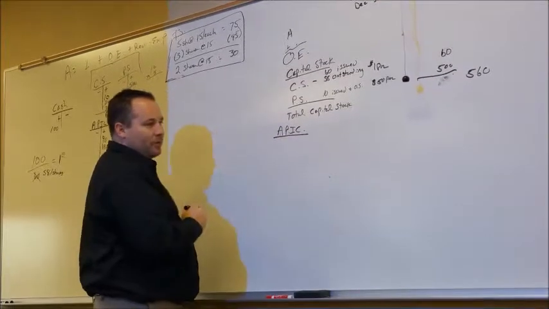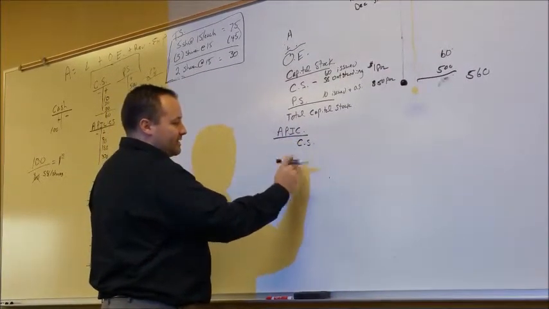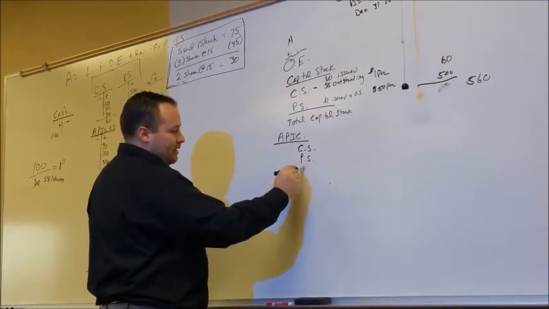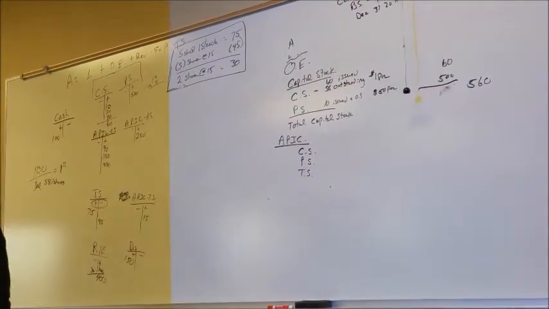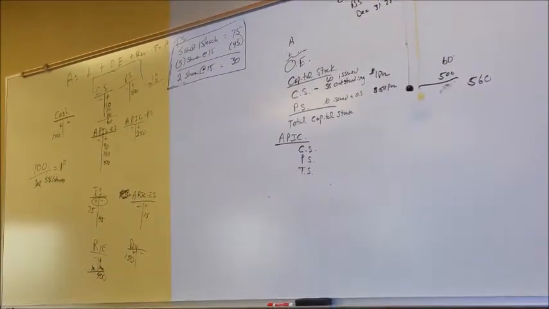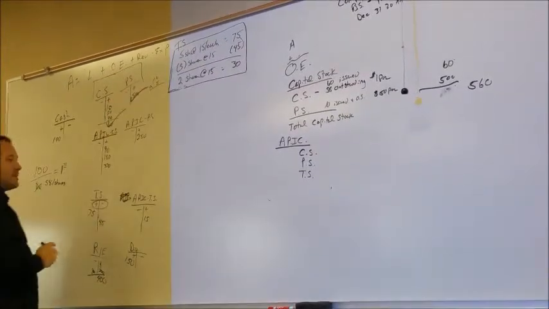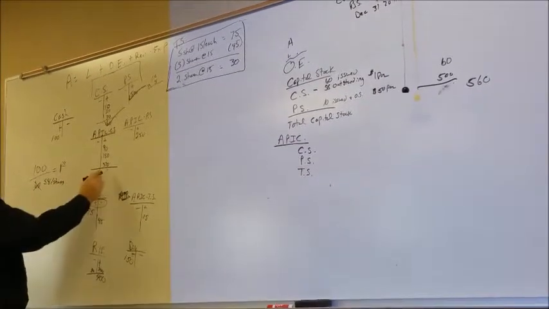Additional paid in capital section now. We had some for common stock, we had some for preferred stock, and we had some for treasury stock. So I've taken care of this, I've taken care of this. Now we're going to do these guys.